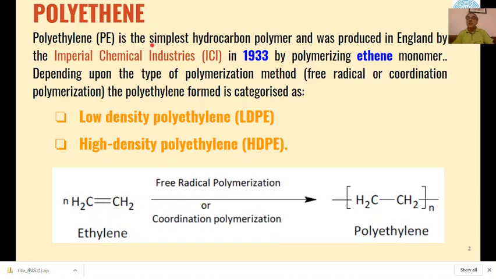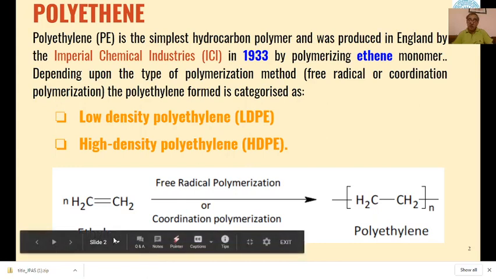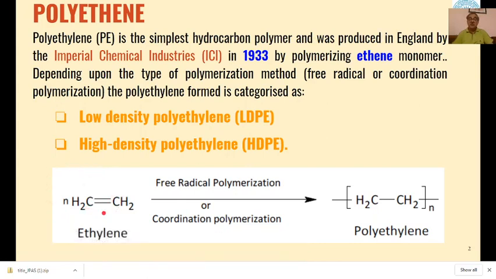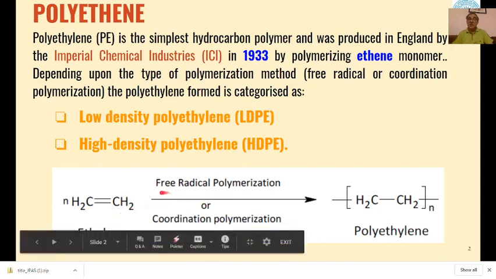polyethylene is a simple hydrocarbon polymer which was produced by ICI, Imperial Chemical Industries, in 1933 by polymerization of ethene. And this polymer can be synthesized either through free radical polymerization or by coordination polymerization.